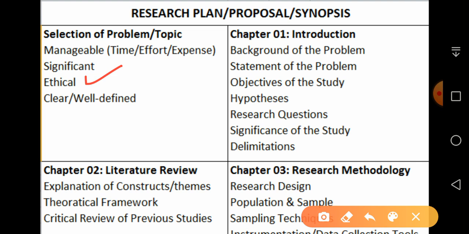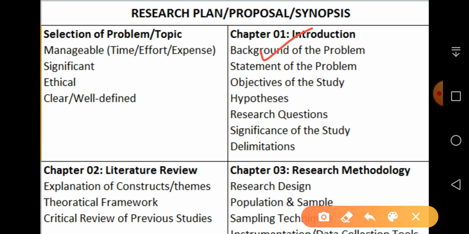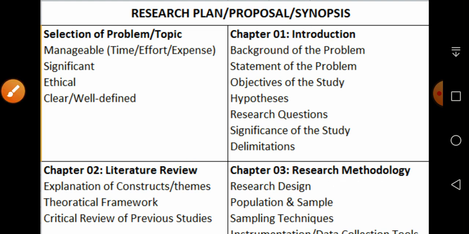Keeping in mind these four characteristics of a research problem, once a problem has been selected, we start writing our proposal. The proposal has 3 chapters. Chapter number 1 is known as introduction, chapter number 2 is known as literature review, and chapter number 3 is known as research methodology.